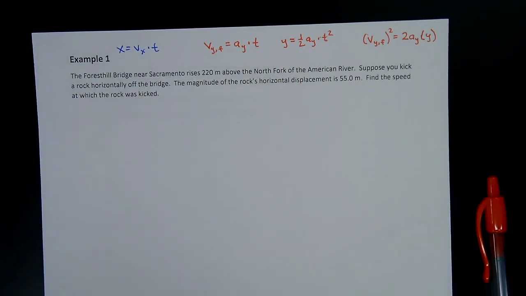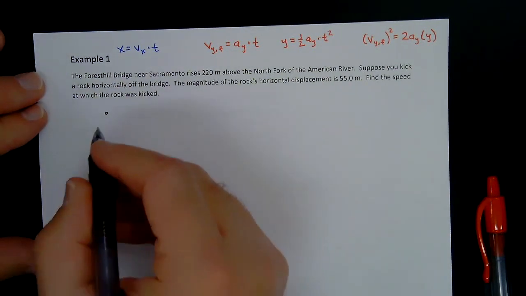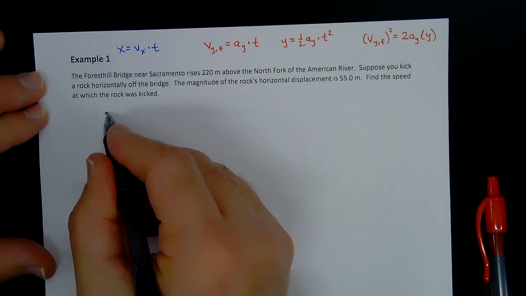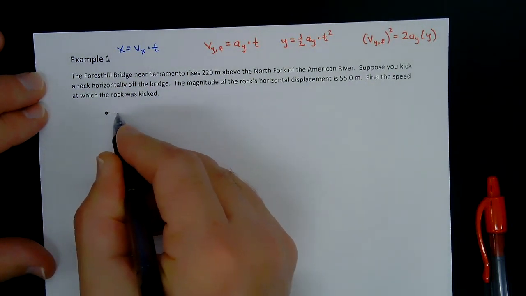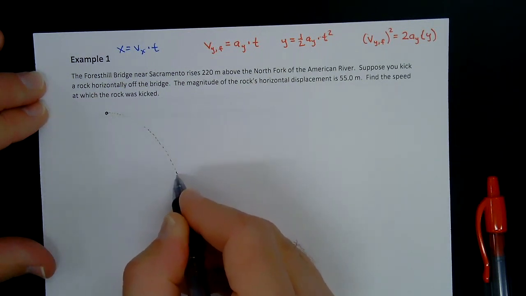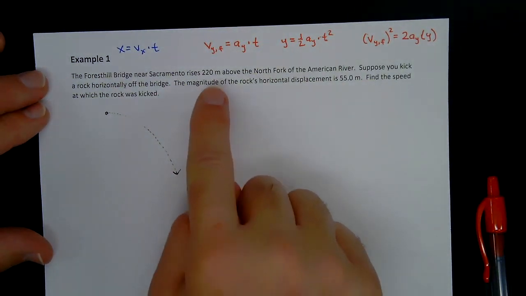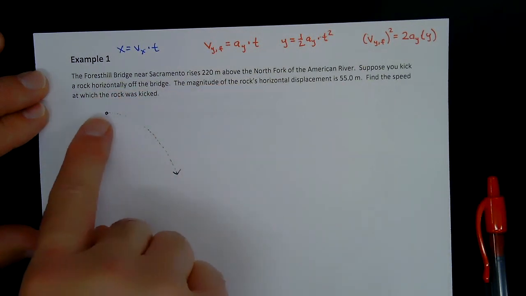So here's my rock, and we're going to kick it horizontally, which is going to cause it to come off the bridge and fall, and it's going to fall using this parabolic arch, or parabolic path. Now, I know a few things. So this is where the bridge is.